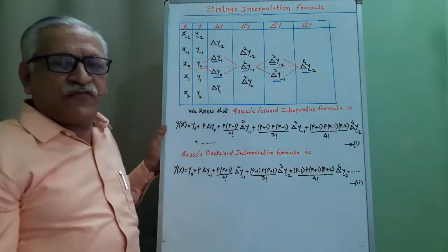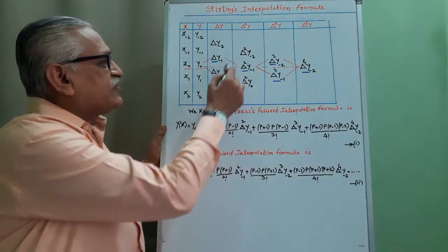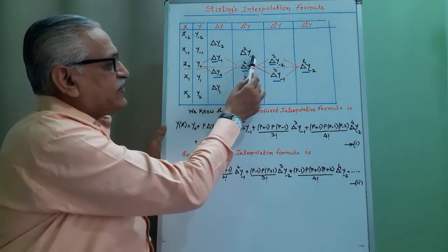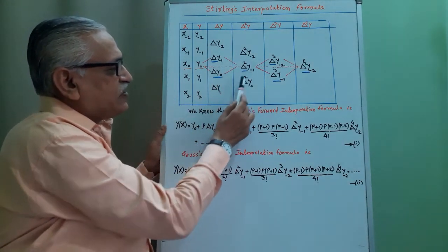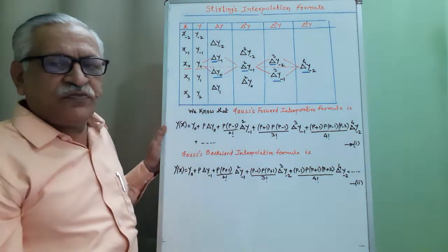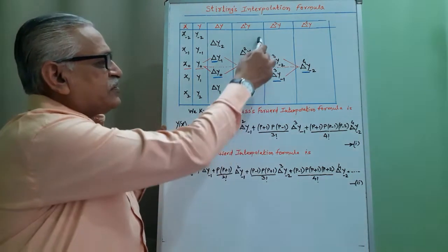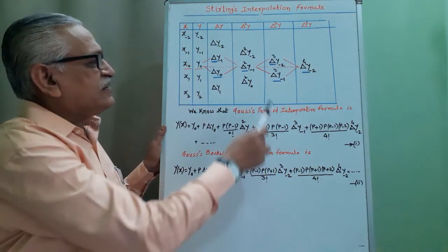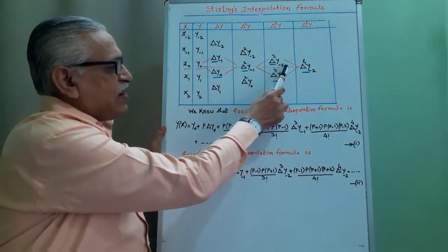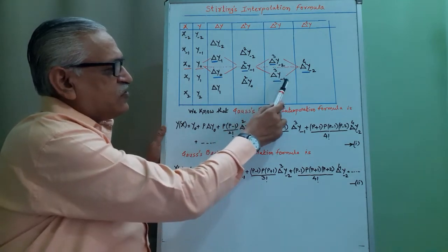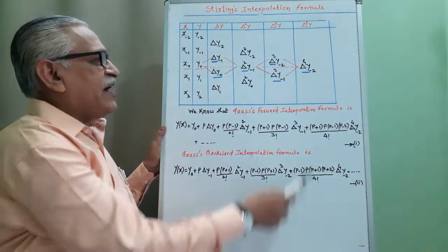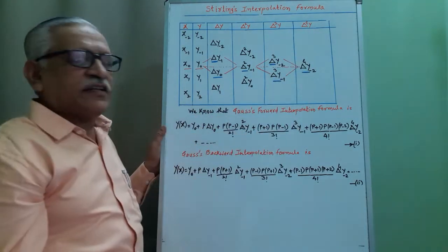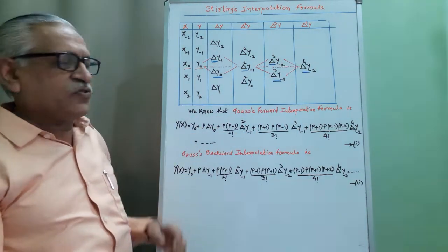These are the first forward differences. Taking differences of them, we get second order differences as del square y minus 2, del square y minus 1 and del square y0. Differences of these differences give third order differences as del cube y minus 2 and del cube y minus 1, and the difference of these gives the fourth order difference del raised to 4 y minus 2.